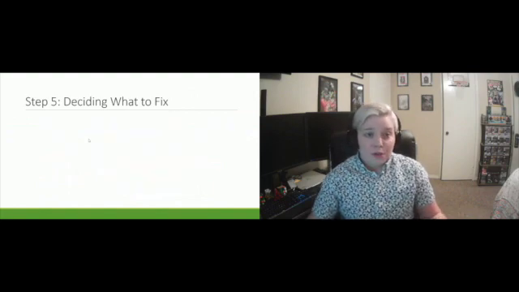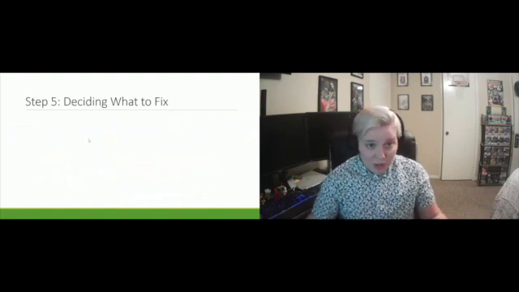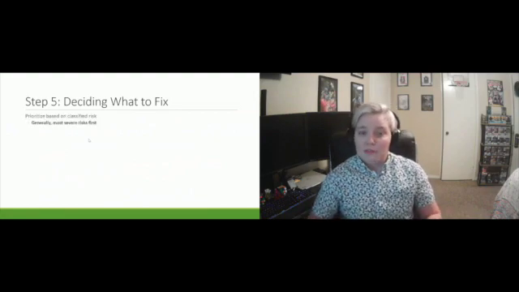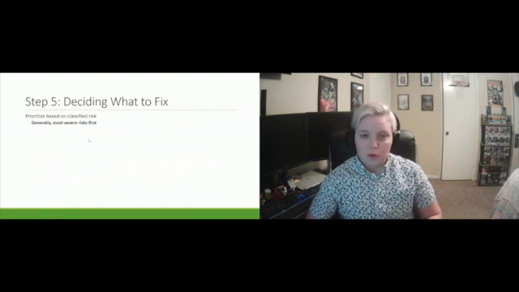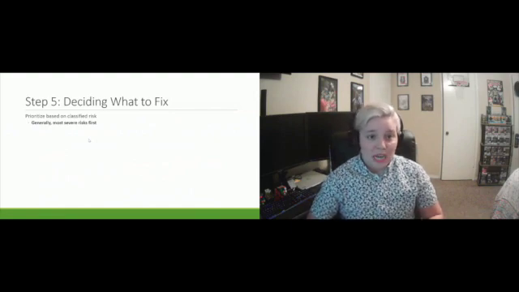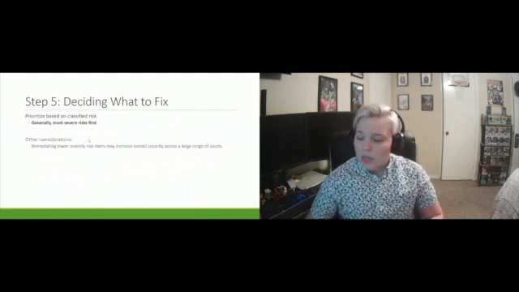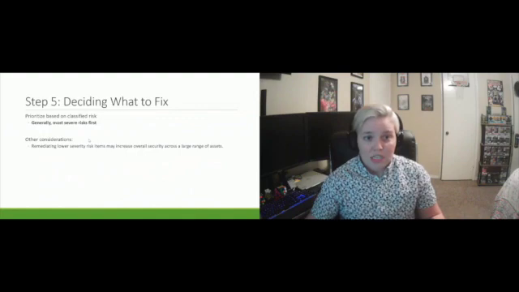Once you've determined your overall severity, now you get to the fun part, deciding what to fix. This is where you fall back into a traditional vulnerability management mindset, where most of the time you're going to fix the most severe item first. There are some other considerations to make.